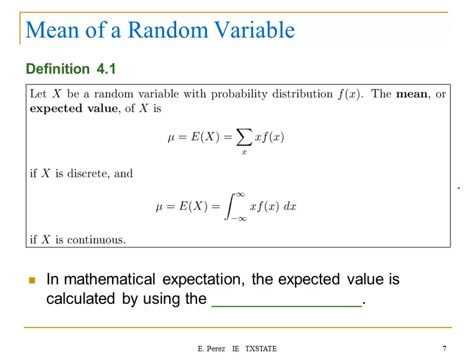That's for the discrete case. Now, for the continuous case, guess what? Instead of the summation, you look at the integral. You integrate the value of the random variable times the probability, and the probability is given by the density function. Any questions?